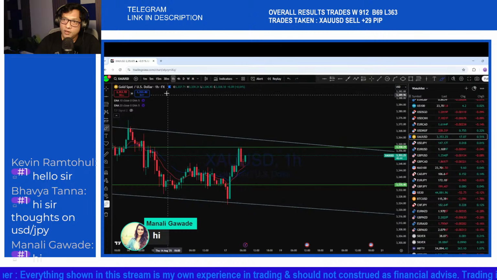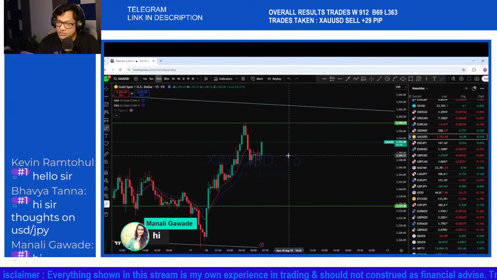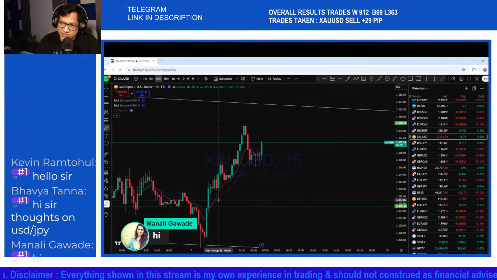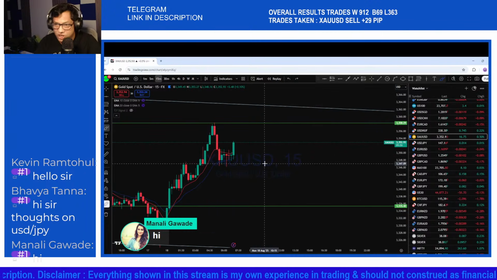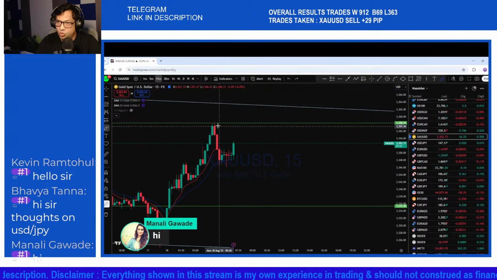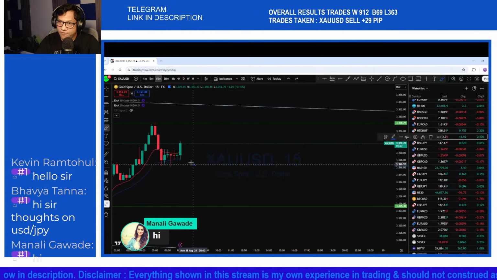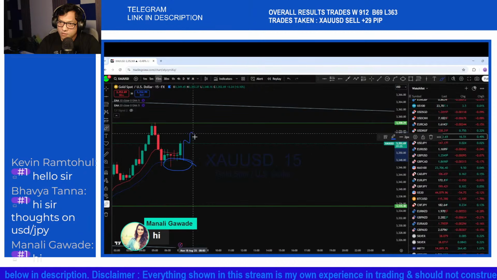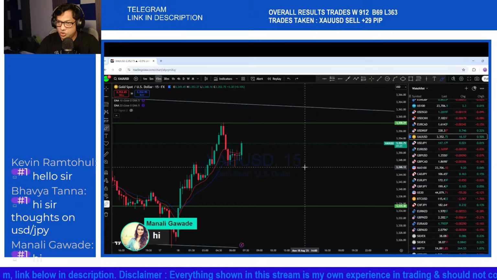Looking at the 15-minute and lower time frames, after retesting this, there's a crossover of the 10 and 20 EMA on the 15-minute chart, and the price has shown a break of structure multiple times, and from this break of structure it's slowly building up its pressure back to the upside again to create a new higher high.